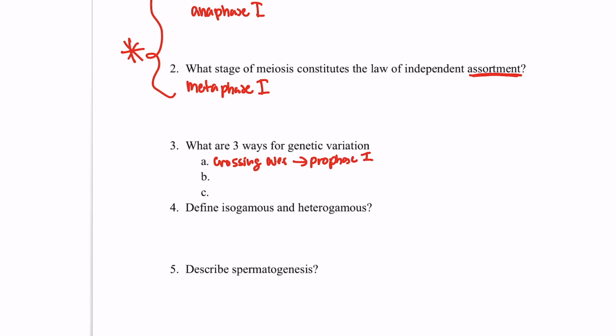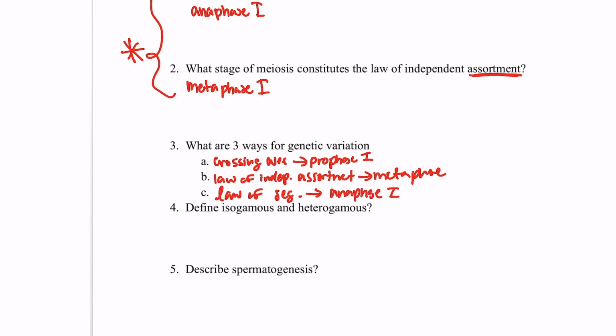And then we have the law of independent assortment, which is metaphase 1. And then the law of segregation, which is anaphase 1. I would know this. This is 3 good ways for genetic variation.